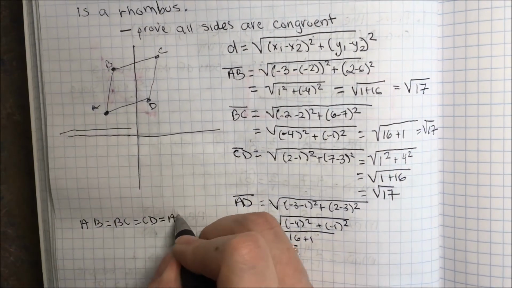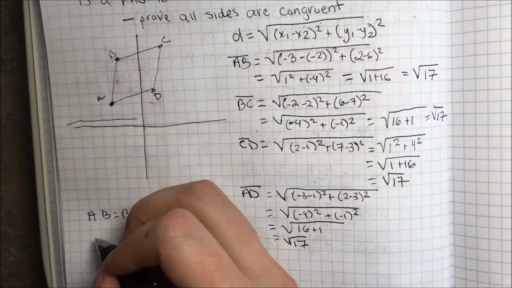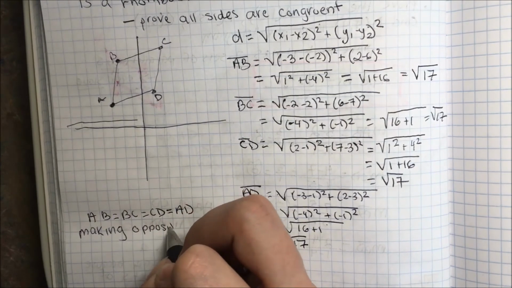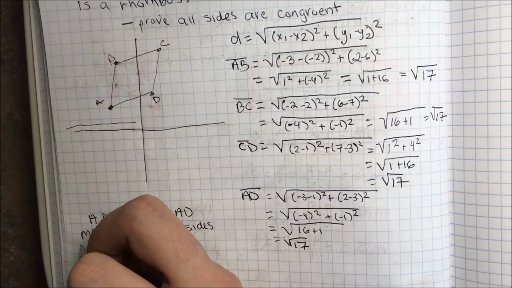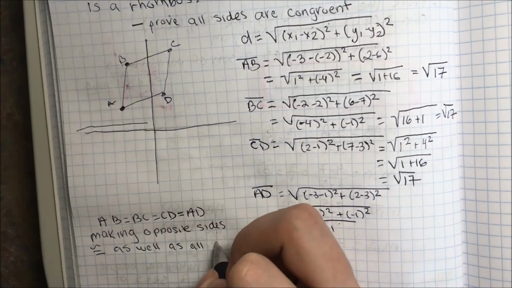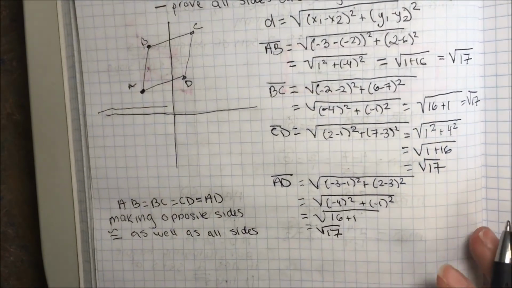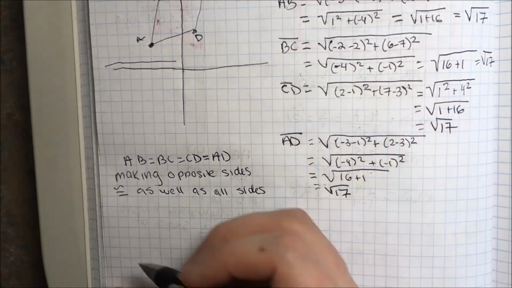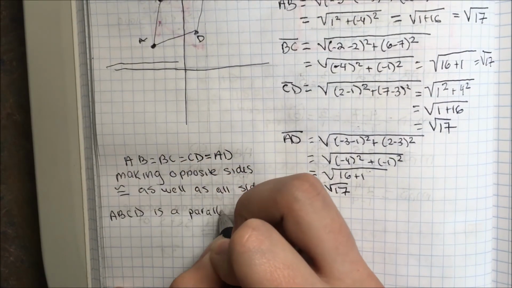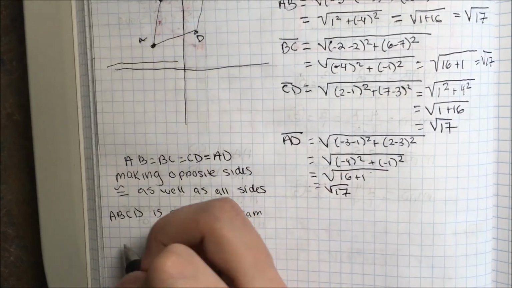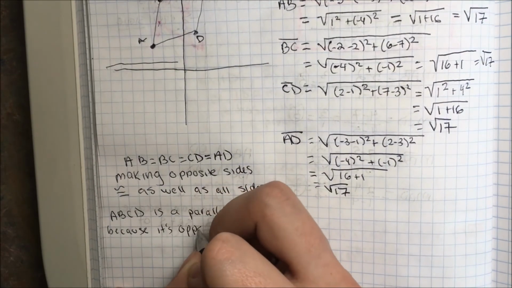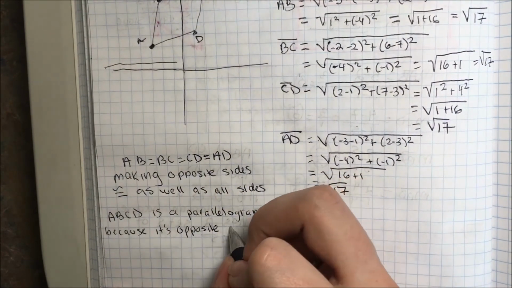which also equals AD. So this is making opposite sides congruent as well as all sides. So now we can say that ABCD is a parallelogram because its opposite sides are congruent.